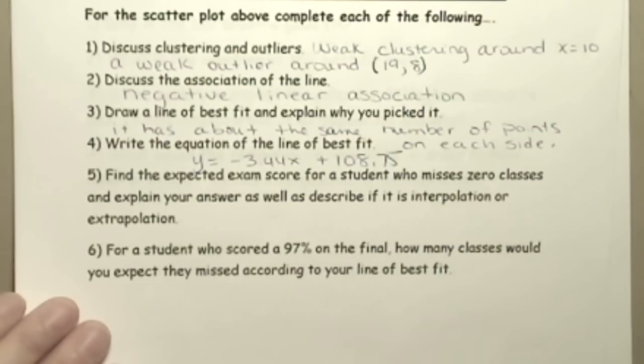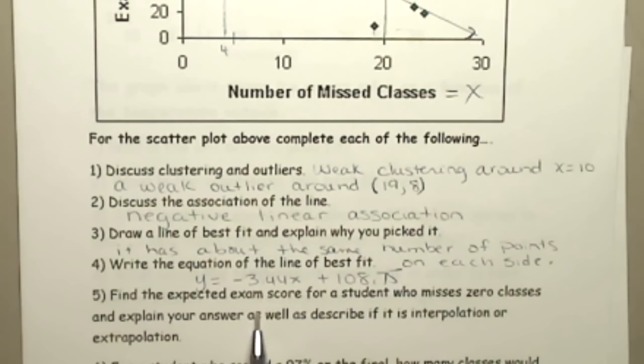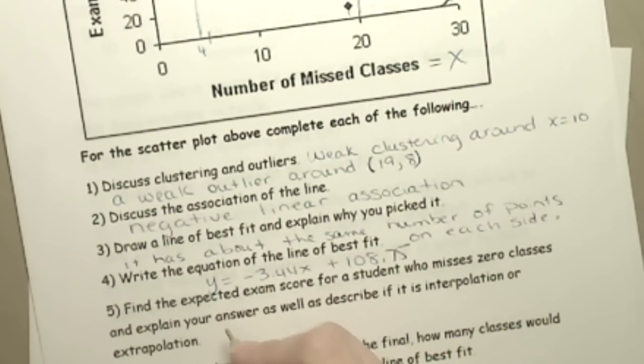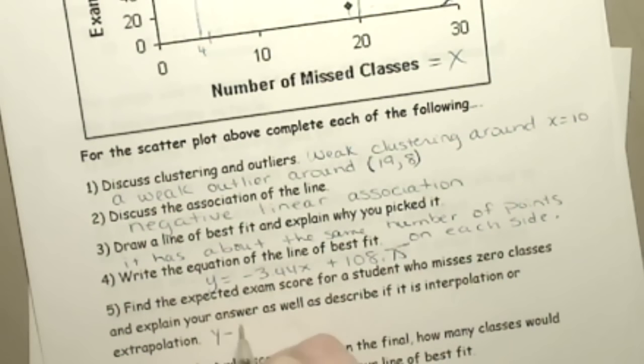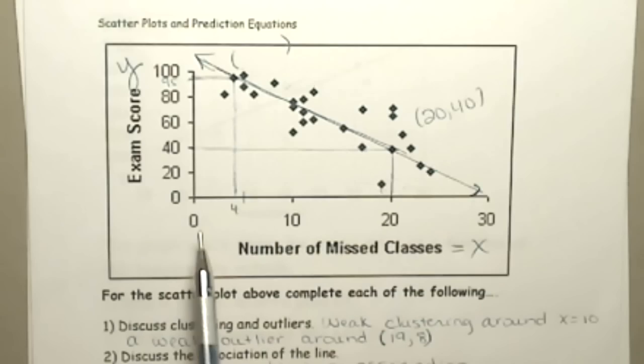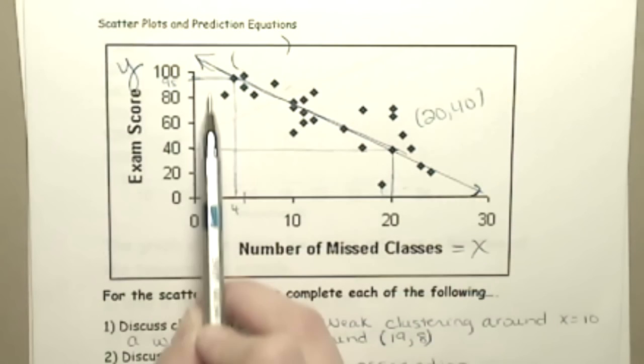Next, find the expected exam score for a student who misses 0 classes. Oh, that's what they're asking here. And explain your answer as well as describe if it is interpolation or extrapolation. Okay, so we already know that this refers to the y-intercept. Because if you miss 0 classes, you're going to get the highest exam score.